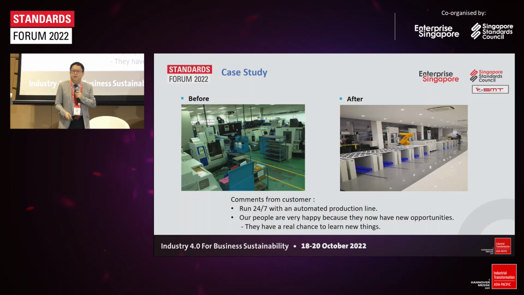This transformation also helps efficiency grow over 300%. It means that with fewer machines and fewer humans inside the factory, you are able to produce even more. This is also saving energy.